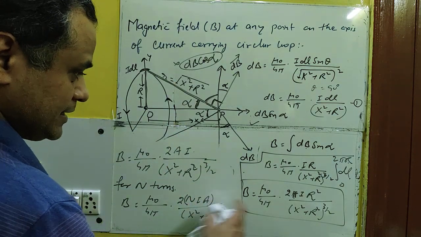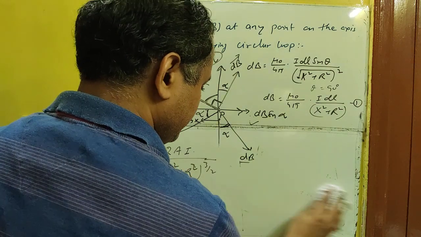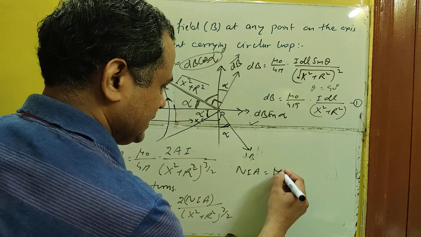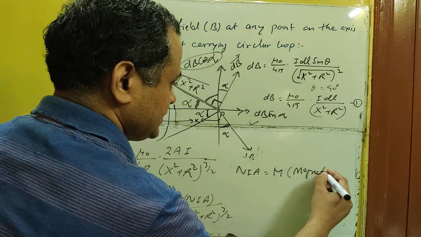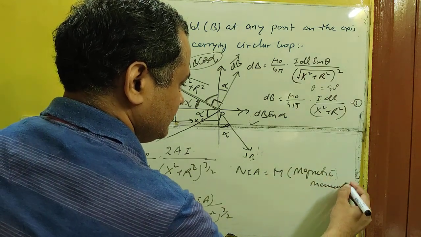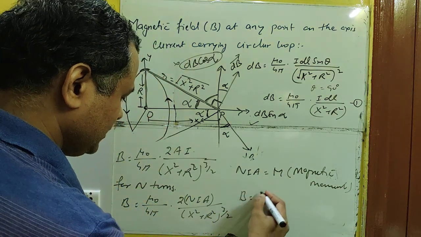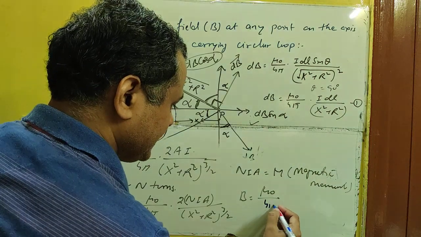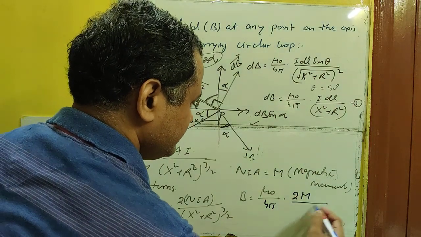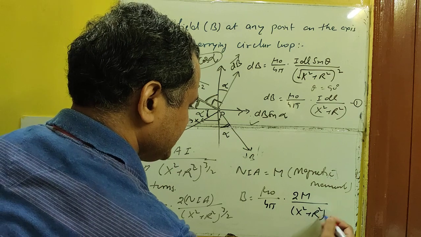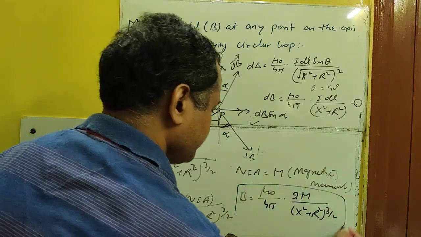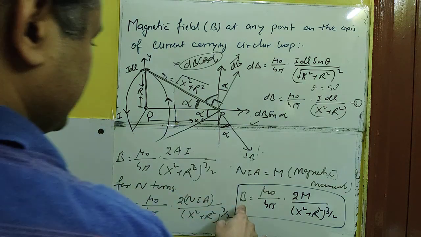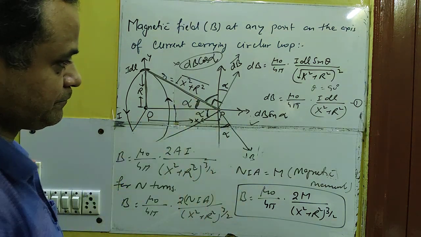So I can replace nIA, that is known as the magnetic moment, capital M. So you can write this formula: mu naught upon 4 pi, 2M upon x square plus r square power 3 by 2. Okay, so this is the value of magnetic field at this point P.